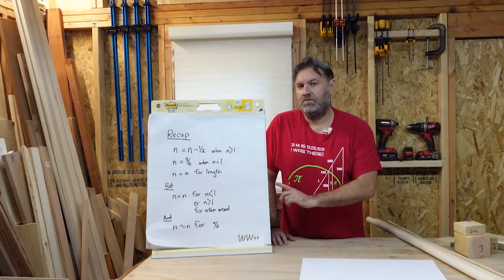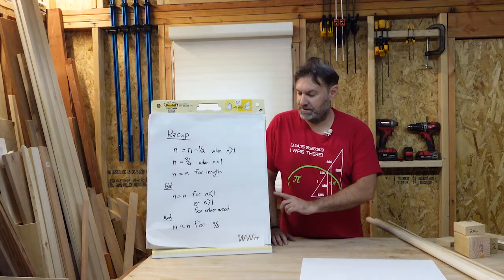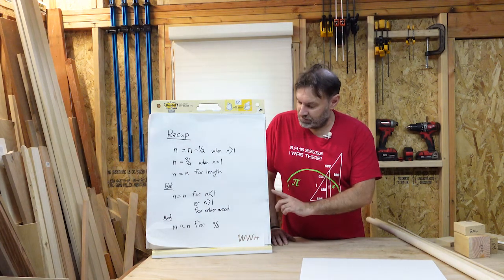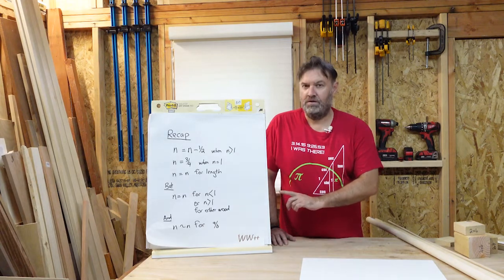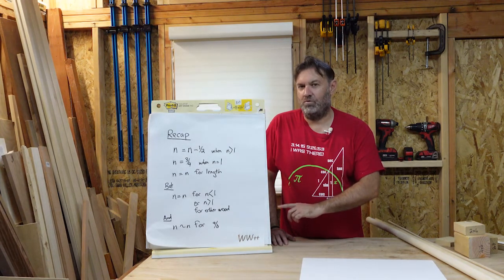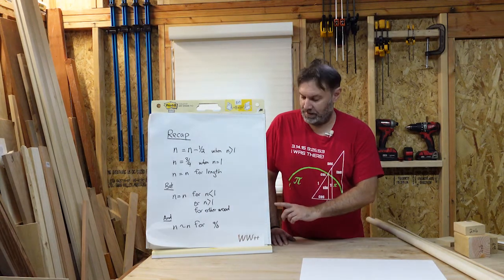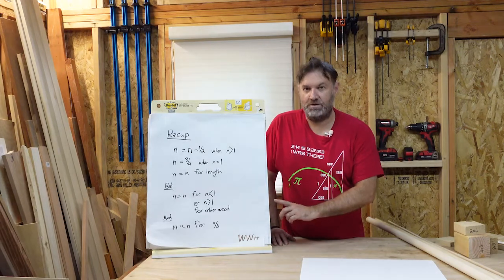But for N less than 1, for edge wood or dowels for example, N equals N. And then we also have finally rough cut wood, where N is approximately equal to N, where it's described as A over B.